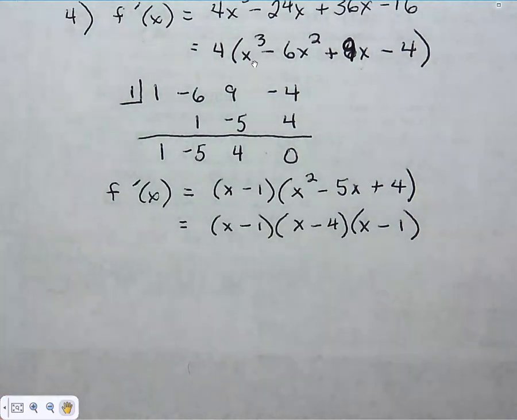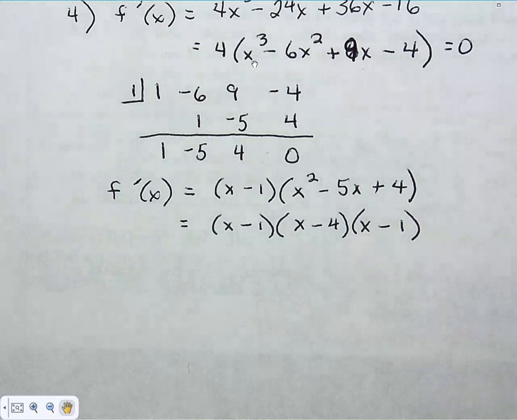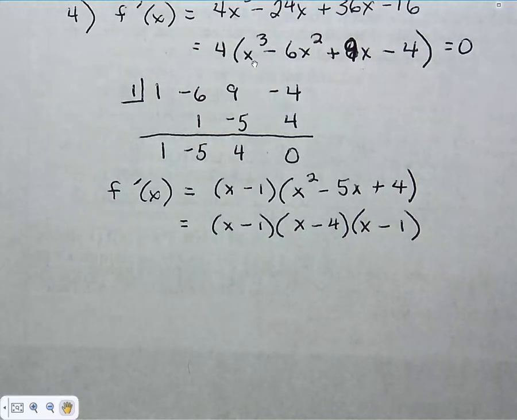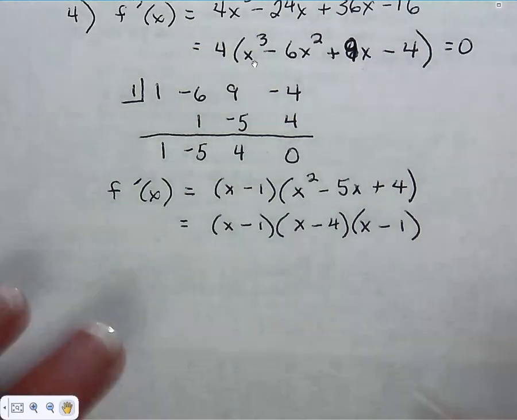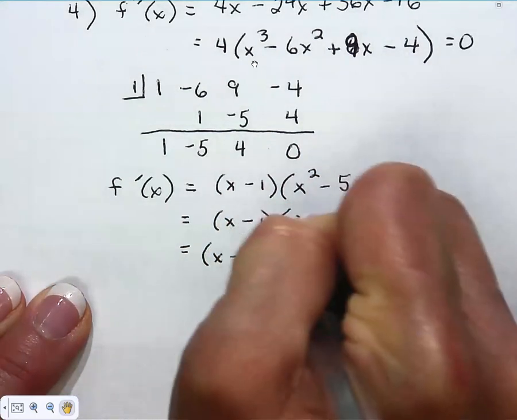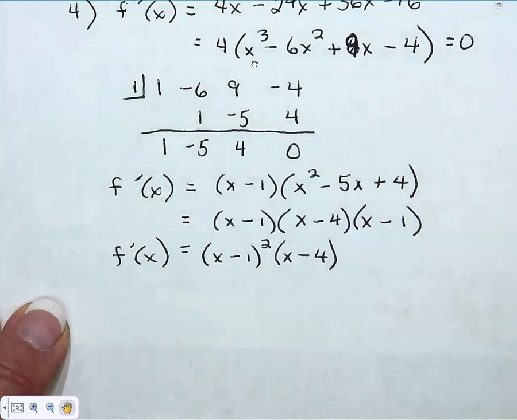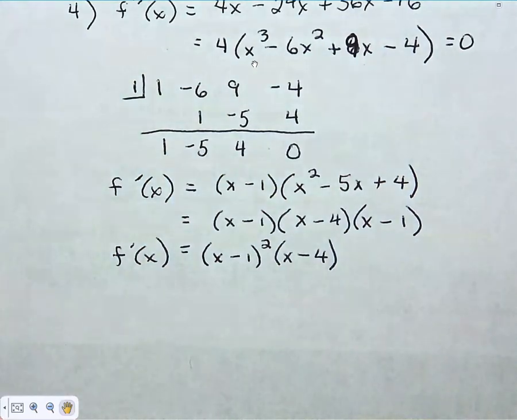I could divide both sides by 4 when I set that equal to 0, or I could set 4 equal to 0 and say that doesn't give you a solution. So that derivative is x minus 1 squared times x minus 4. You don't have to write it that way. The previous line's fine too.